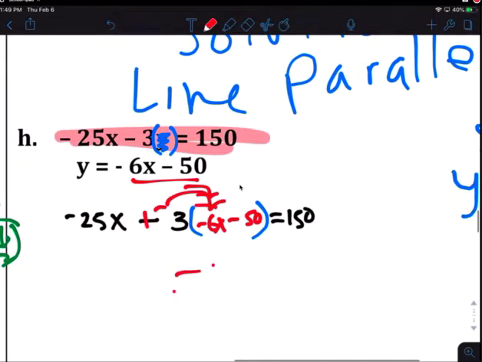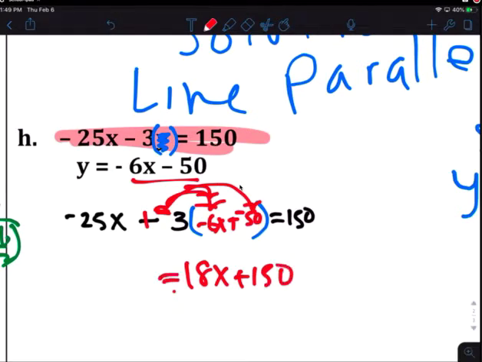Additive inverse, that is negative 3 and negative 6 is 18x. Negative 3 with negative 50 is a positive 150. Oh no, not equal, bring down this plus sign.